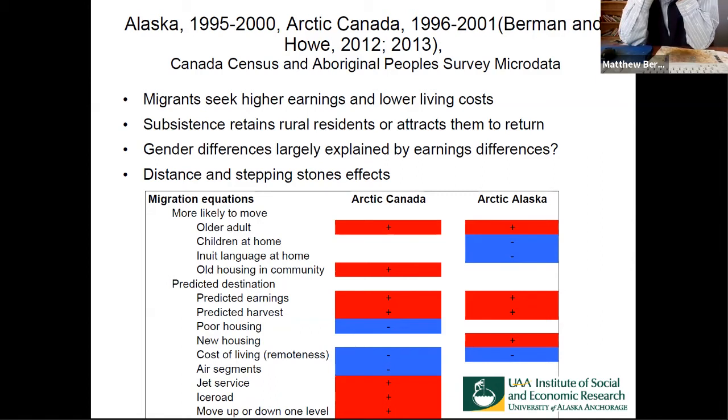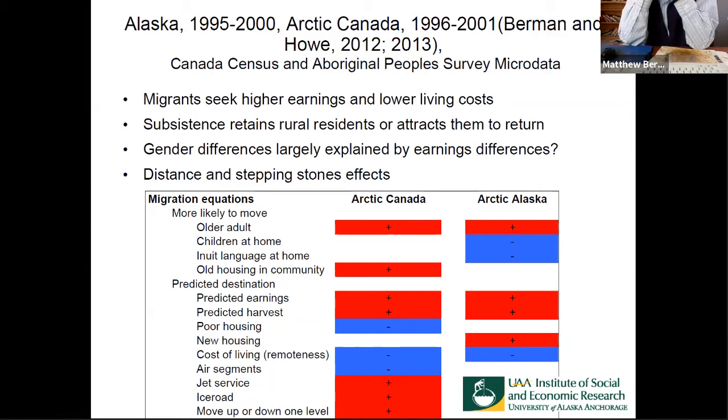So they're ethnically very similar, and their economy is very similar as well. They're both involved in a subsistence cash mixed economy. So we can actually compare how the institutions in the two countries affect migration patterns.